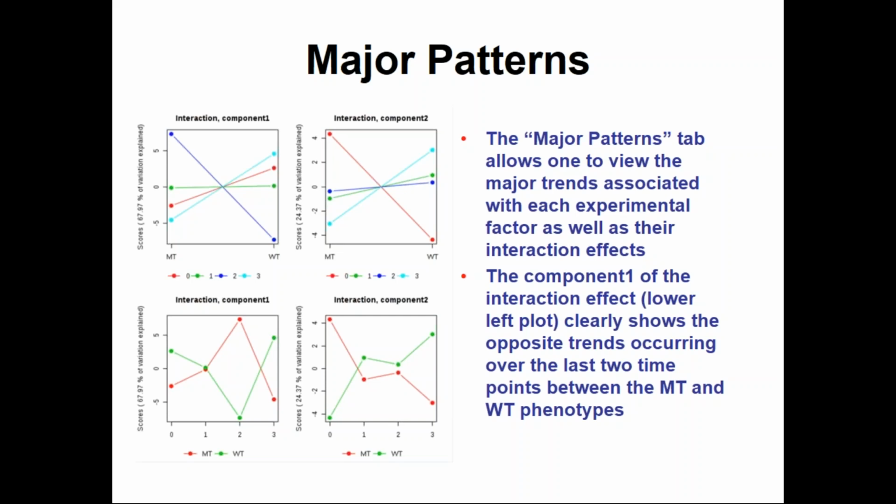And so we can look at time point 2 if we go up, which is the dark blue, and we can see, again, bottom left, the green and red are totally opposite, and that's mirrored in this interaction component 1 with the variation between the mutant and the wild type, where it's high on the left, line with a slope of -1. The green line has a slope of 0, that's on the upper curve.